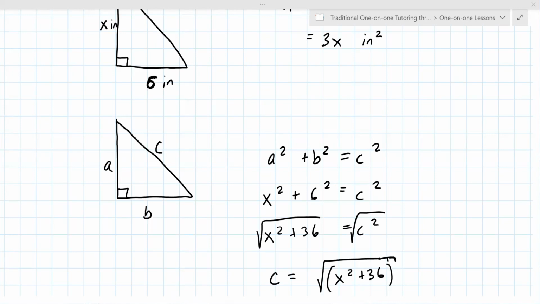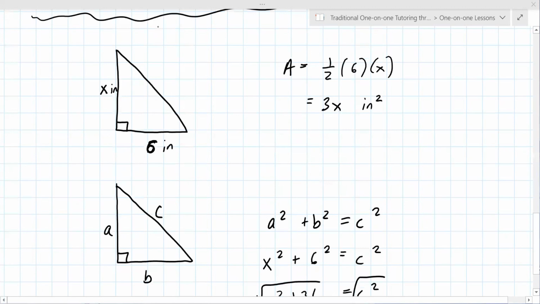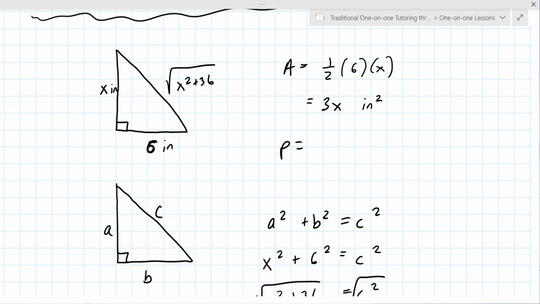So keeping that in mind, let's go back and look here. Let me label this third side now as the square root of x squared plus 36. What is the perimeter? The perimeter is just the 3 sides.